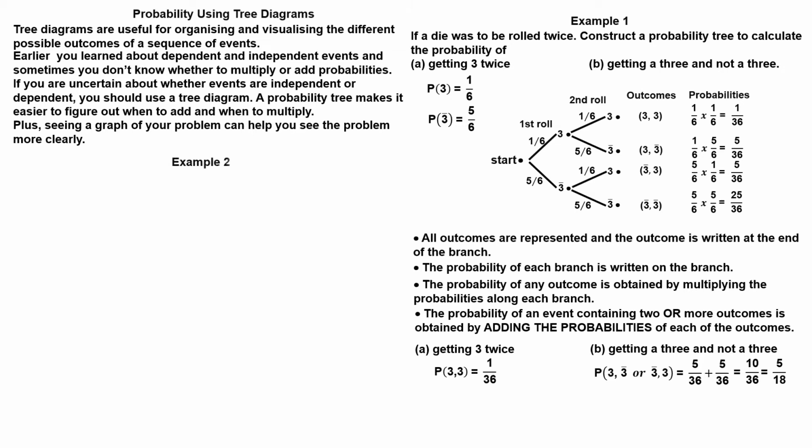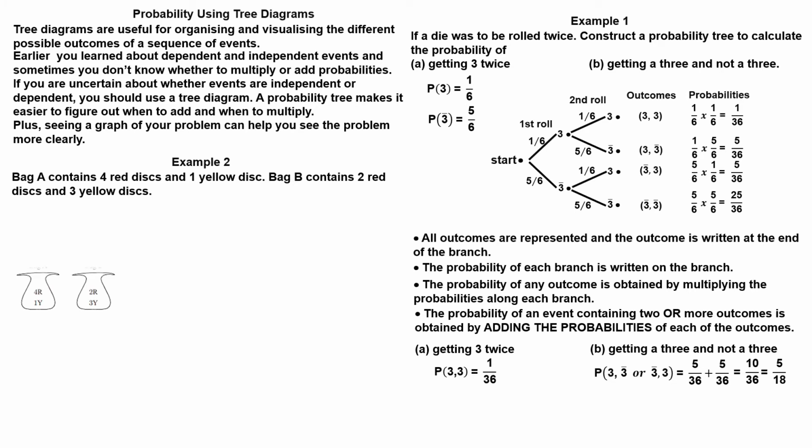Example 2. Bag A contains 4 red discs and 1 yellow disc. Bag B contains 2 red discs and 3 yellow discs. A die has 4 faces painted green and 2 faces painted violet.